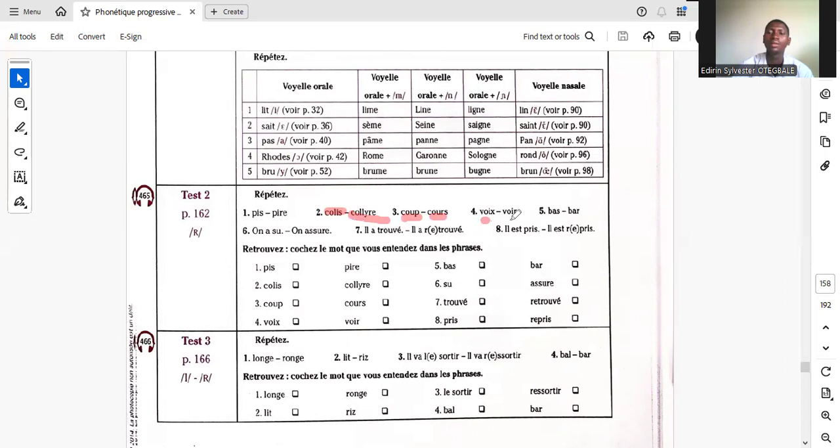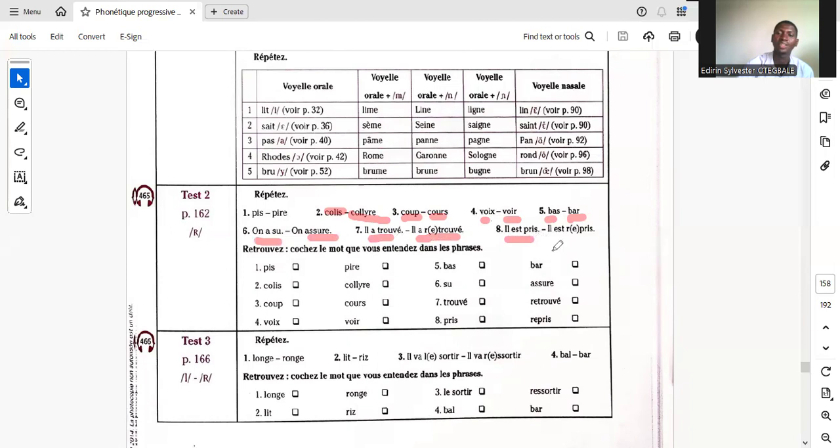Bois, boire. 5. Bas, barre. 6. On a su, on assure. 7. Il a trouvé, il a retrouvé. 8.